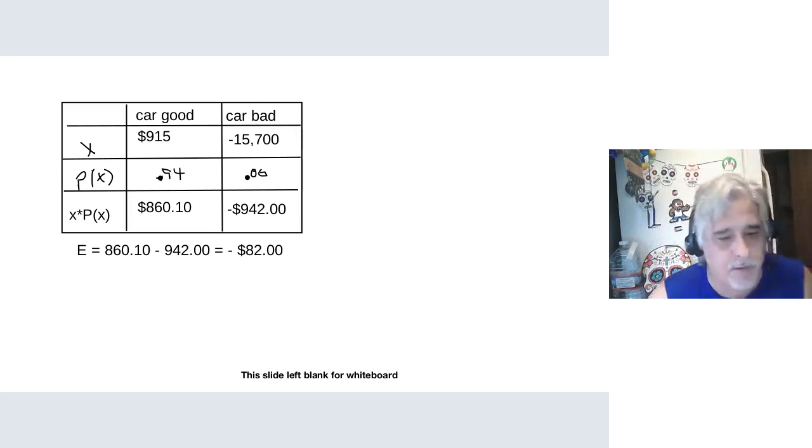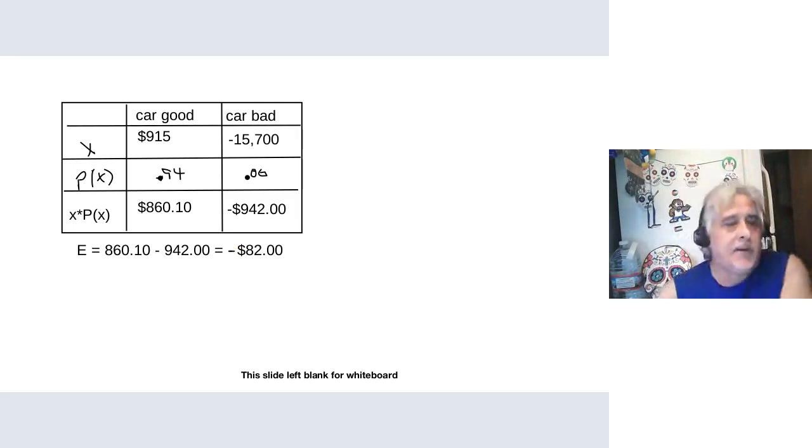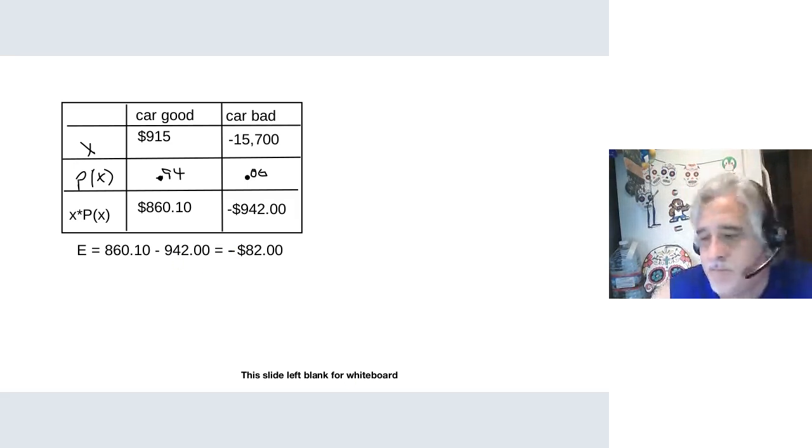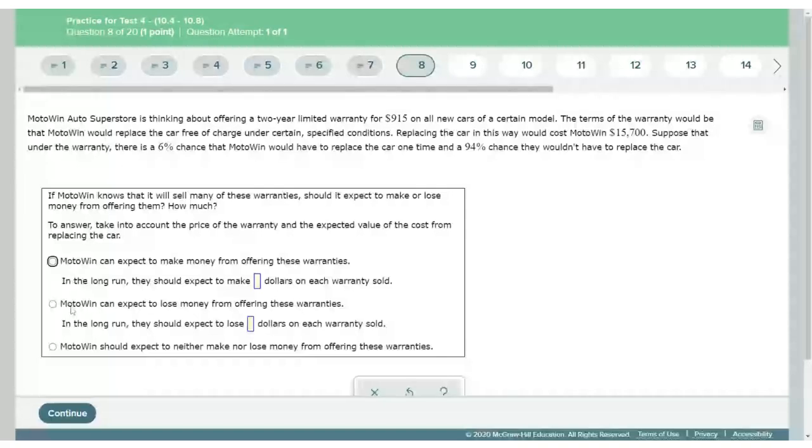So it's negative. See, that's the little negative sign in front. So that's an expected loss. So let's go back. Since it was negative $82, they can expect to lose $82.